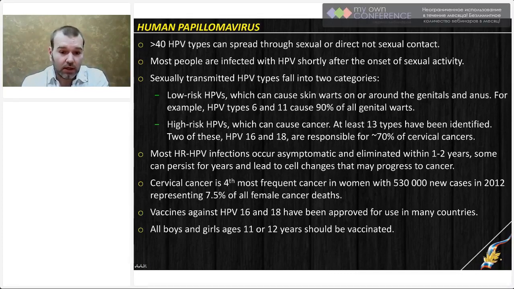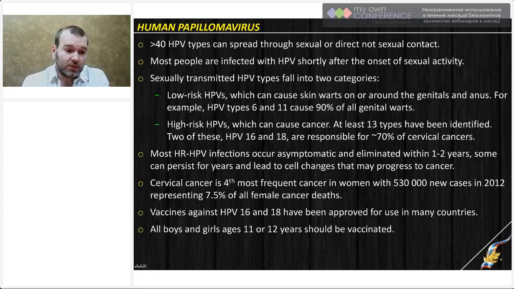So usually after the first episode of infection, papillomavirus infections occur as asymptomatic infection, or some of them can even be eliminated by human immunity within 1 or 2 years.